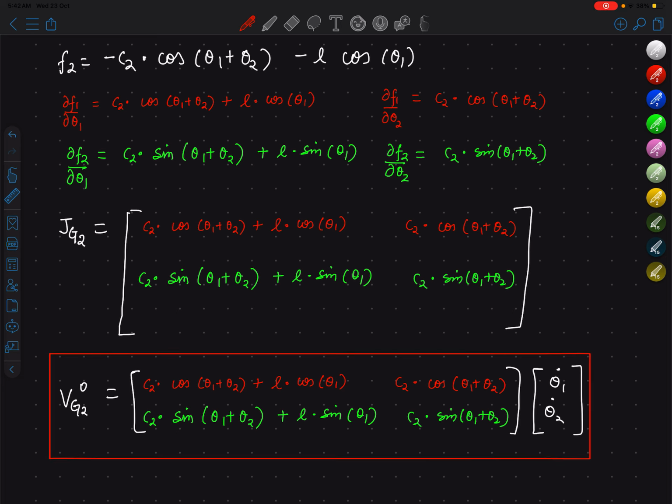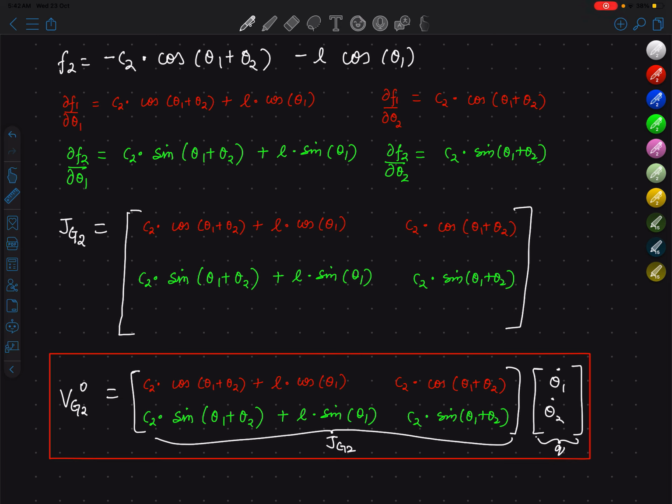So this was the application. This is Jg2 and this is q dot. Alright, so this was the first application of Jacobian, in which if you have a manipulator and you know the joint angles and the rate of change of joint angles, you can know the velocity of the end effector or any point on the manipulator.